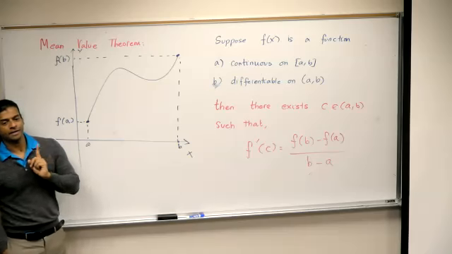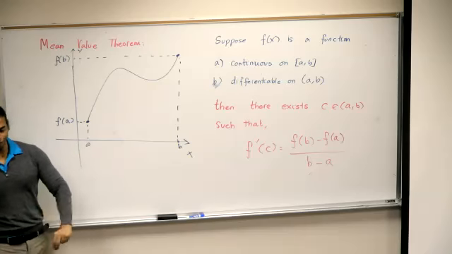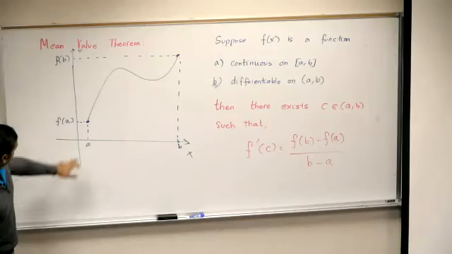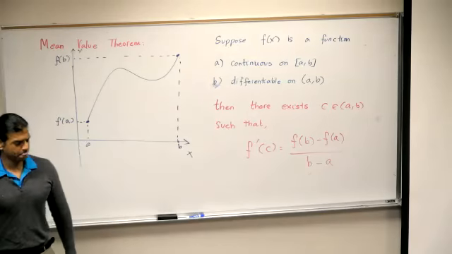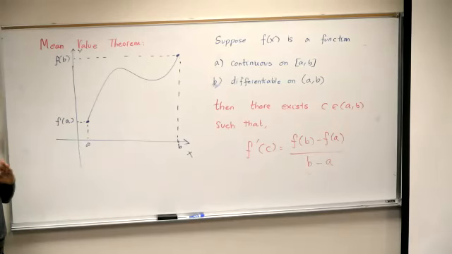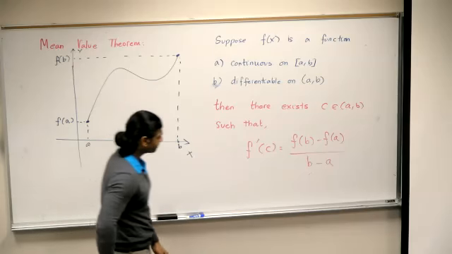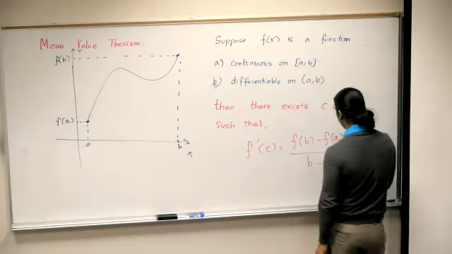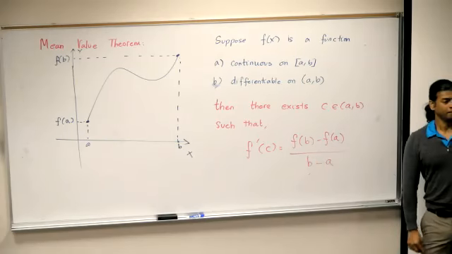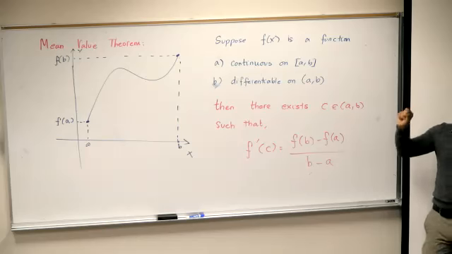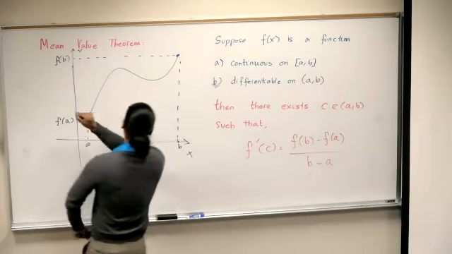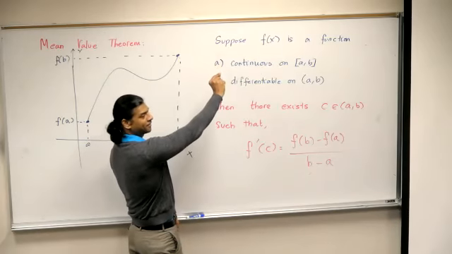Is f of a equal to f of b? No. f of a is over here, f of b is over there. Now I want to draw a line that passes through both points a and b. So how should this line go? A straight line, from a to b.